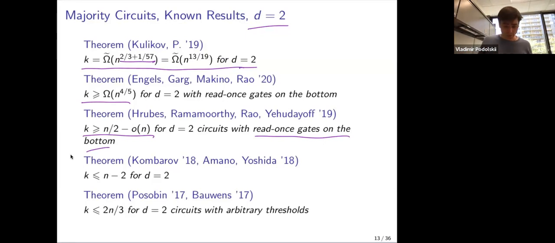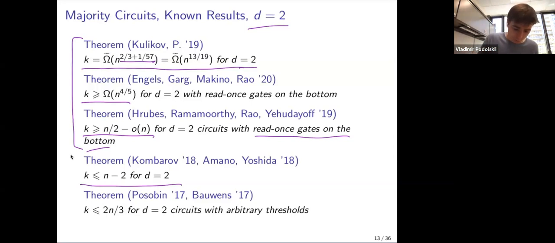As for the upper bounds, there is a non-trivial upper bound. It's like this one. There are a couple of constructions actually for that, and also for arbitrary threshold. In the results here, it is not really important whether we allow the threshold in the majority to be something else compared to n/2, because all of these results are up to the constant.